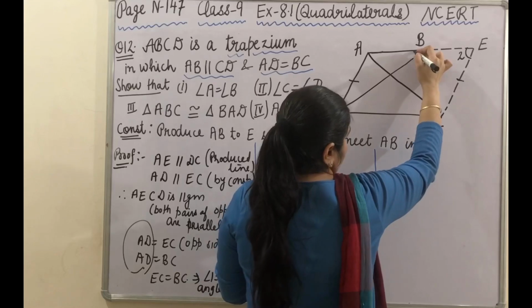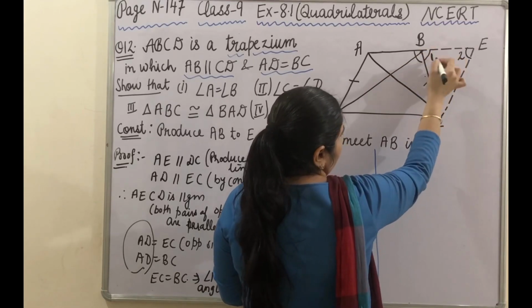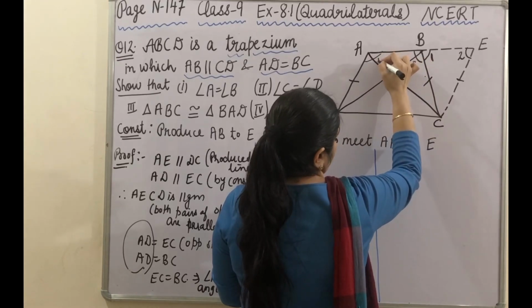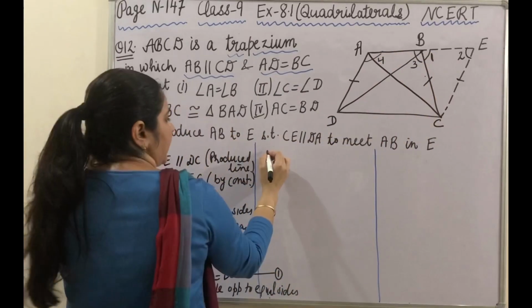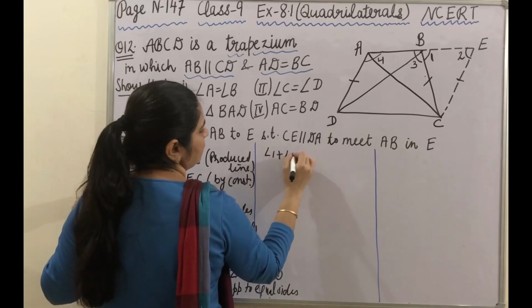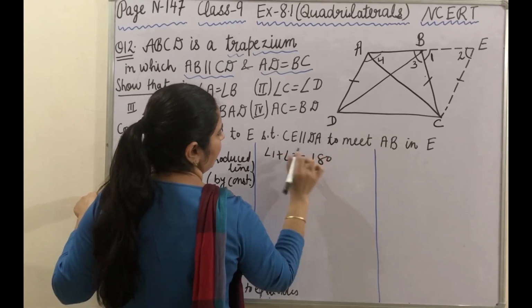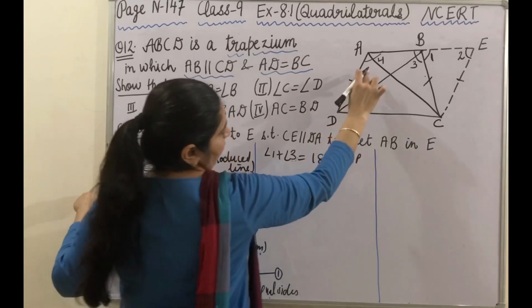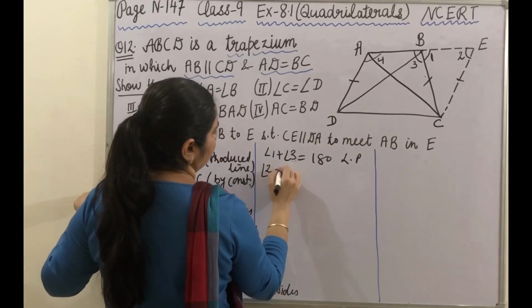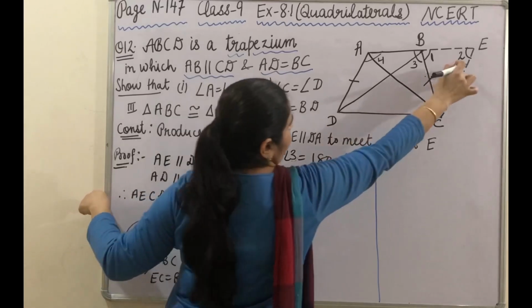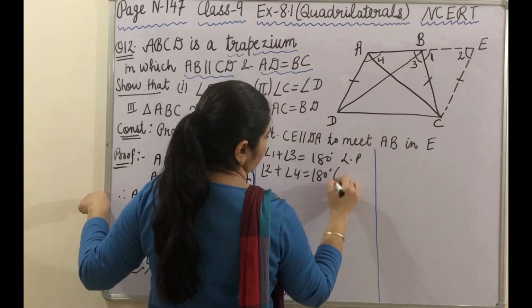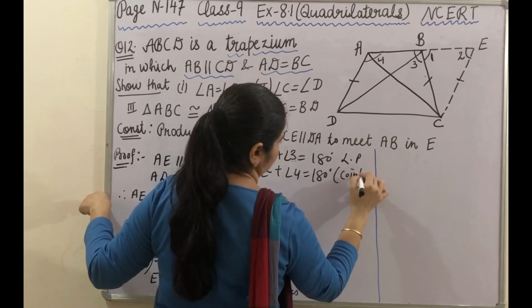Now here I can use the concept of linear pair. This is angle 1, angle 2, let this be angle 3, let this be angle 4. I can write angle 1 plus angle 3 is equal to 180 degrees. Reason is linear pair. And angle 2 plus angle 4 is also 180 degrees. Reason is co-interior angles.